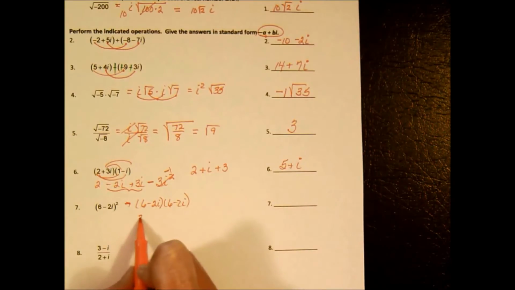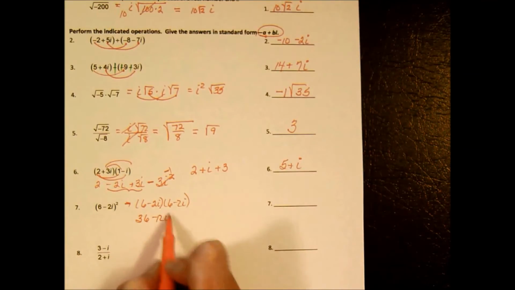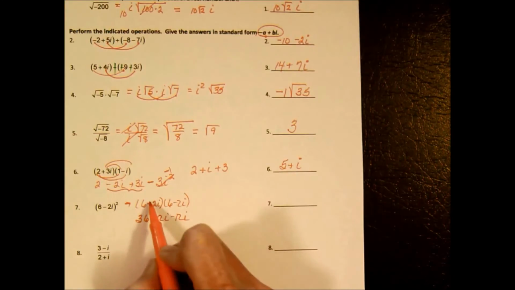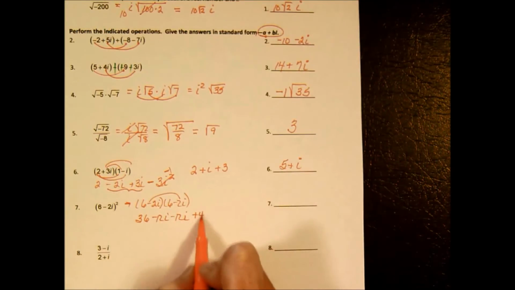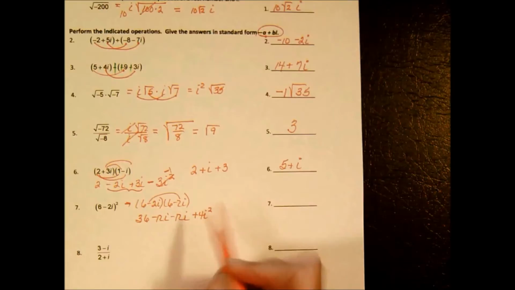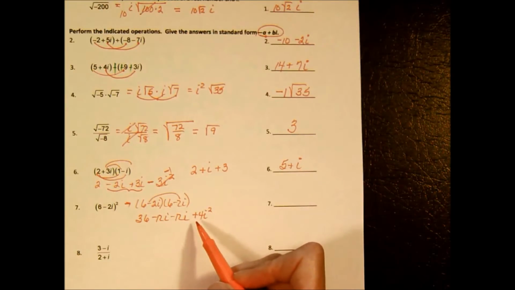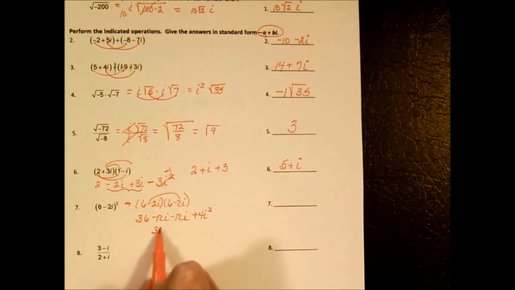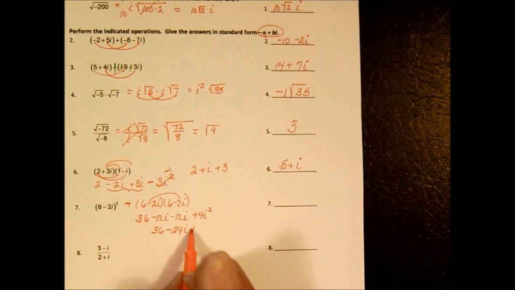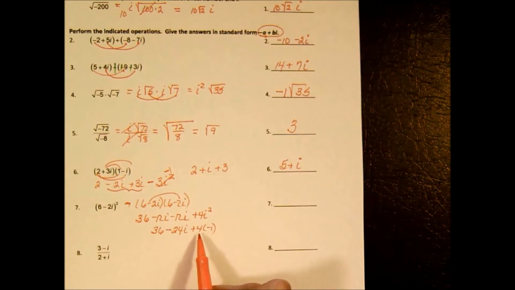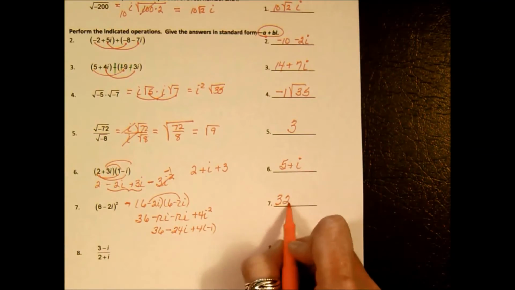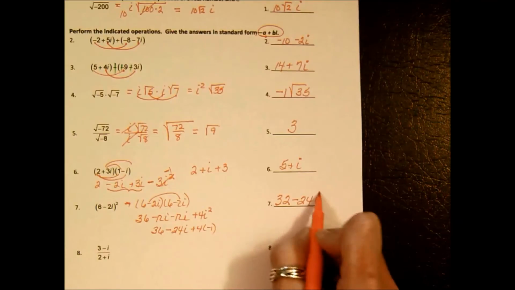So that gives you 36 minus 12i minus 12i, and then your last is plus 4i squared, remembering that i squared is negative 1, so it's 36 minus 24i, I combined like terms, plus 4 times negative 1, or 36 minus 4 is 32 minus 24i.